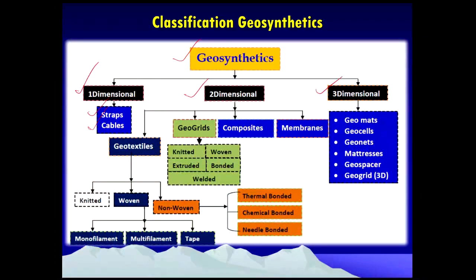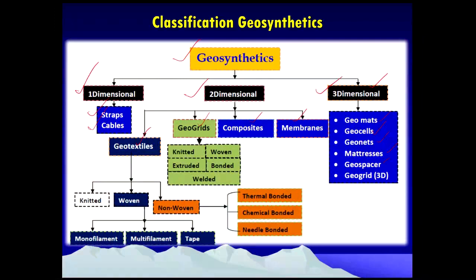Under the two-dimensional category, we have geotextiles, geogrids, composite materials, and membrane materials. Under the three-dimensional, we have geomats, geocells, geonets, matrices, geospacers, and so on.